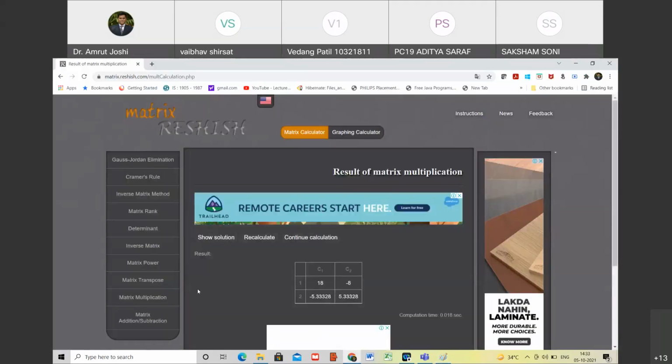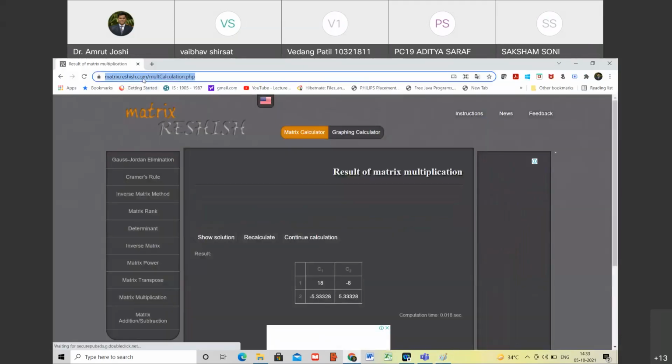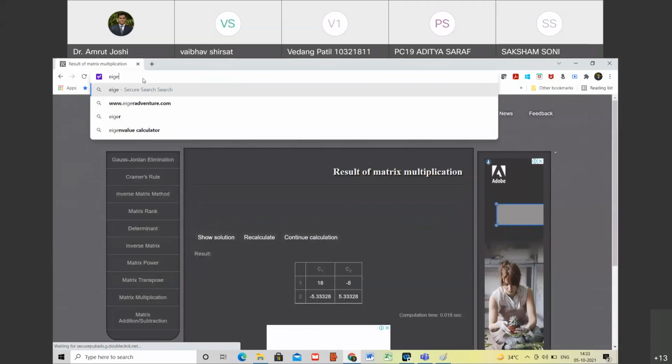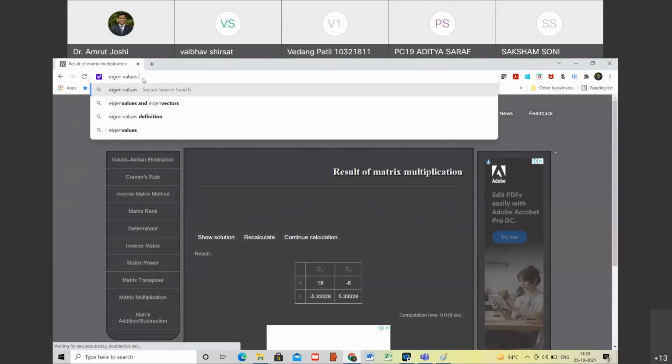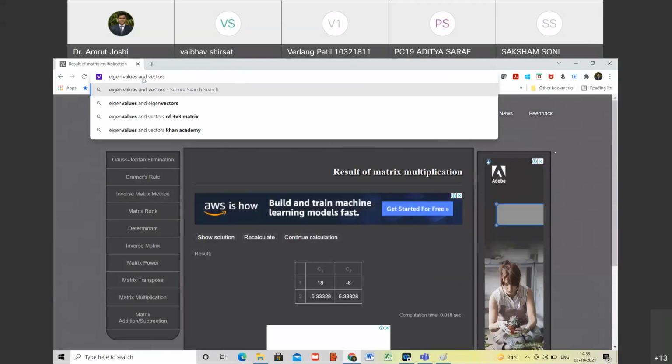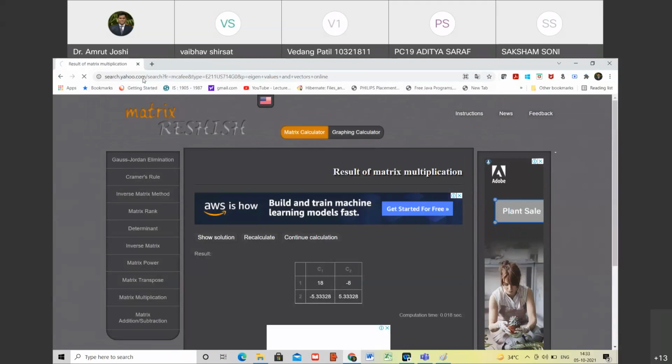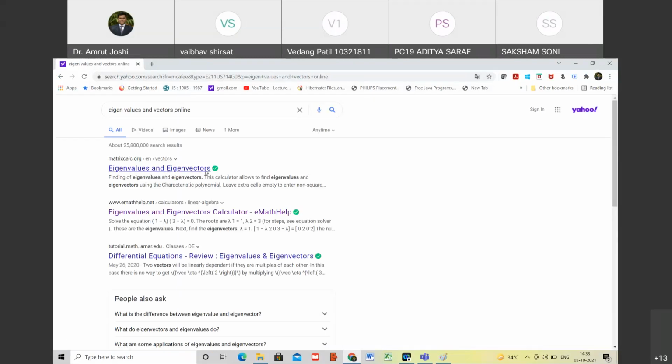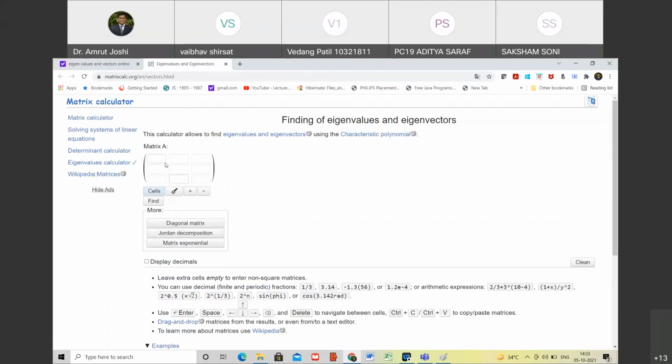And now we have to find out their eigenvalues. So let us do that. Eigenvalues and vectors online. Eigenvalue and eigenvector. Okay. So now a 2 by 2 matrix.